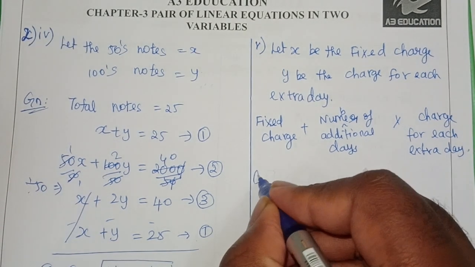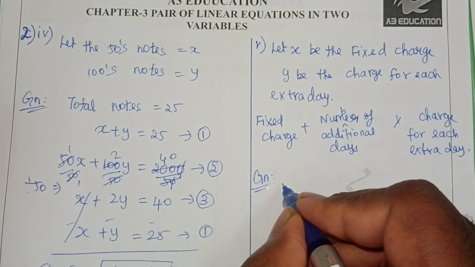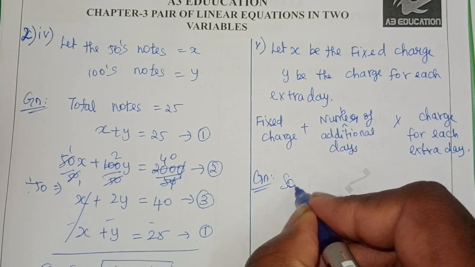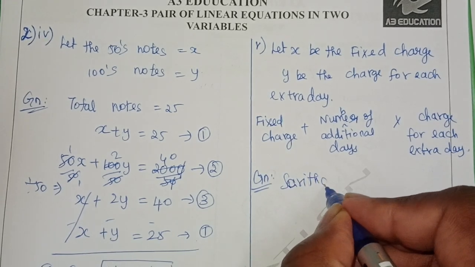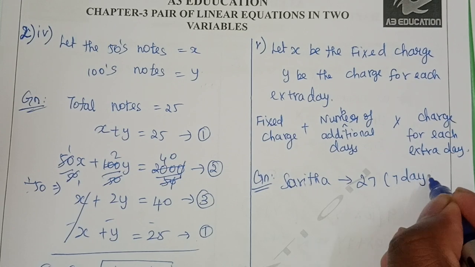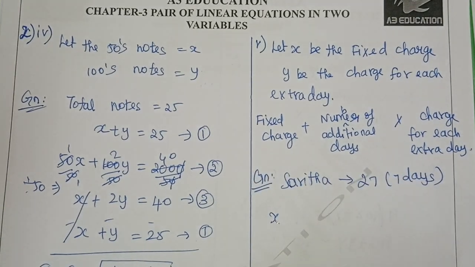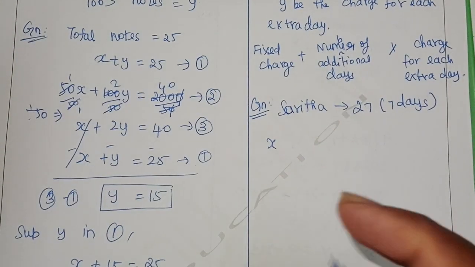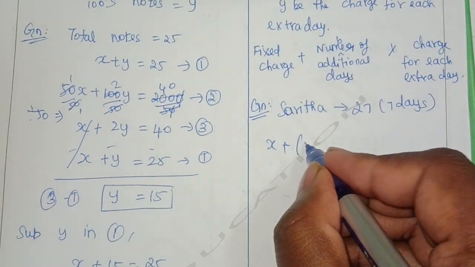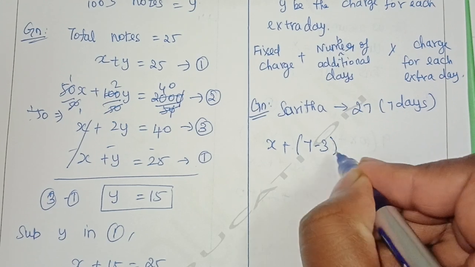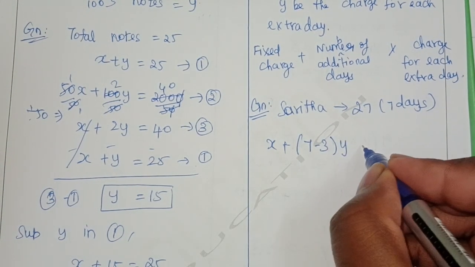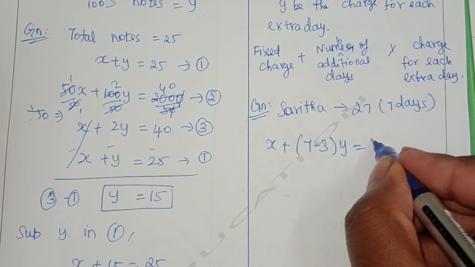The first given is Sarita, who paid 27 for 7 days. We don't know the fixed charge, so the fixed charge is x plus the additional days. The common policy is 3 days, therefore for the additional days we subtract 3, and the charge is y, equal to 27.